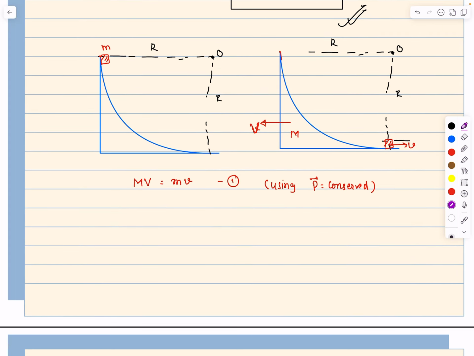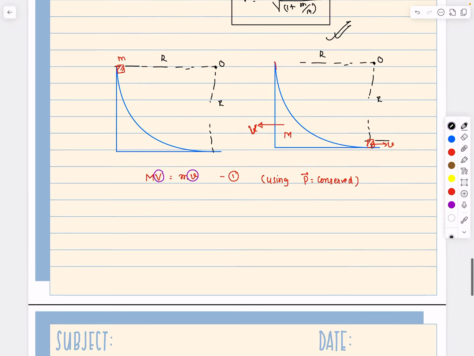Now, since there are two unknowns, capital V and small v, we have to find one more equation to solve. And that we can do from energy conservation. We can apply the work-energy theorem, whatever you want. The work done by gravity is mg into h.